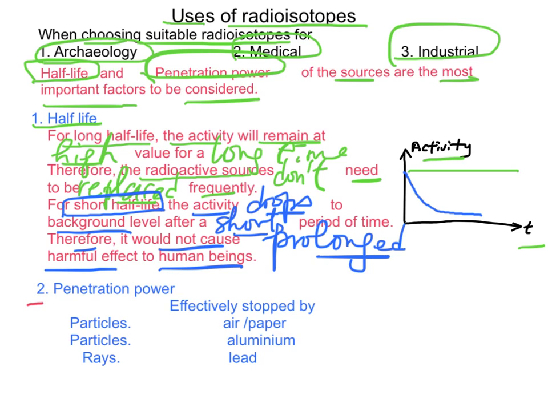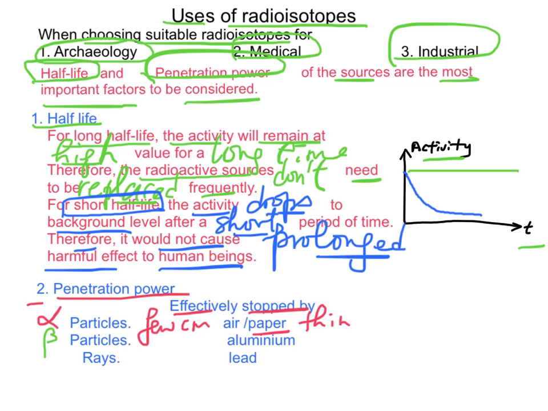The second factor to be considered is penetration power. An alpha particle is effectively absorbed by a few cm of air or a thin sheet of paper.